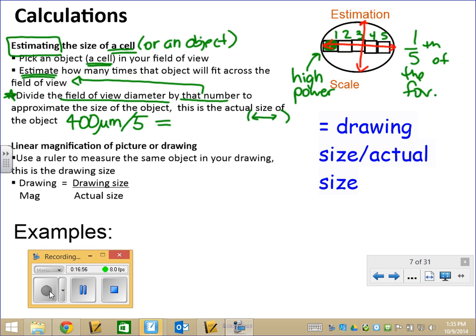So what I would be saying is each of those cells is 80 micrometers wide. So this is something that you would have to do in the lab, but also that I would ask you about in a test situation, because I could make a sketch much like the one that's up there and give you some values to calculate with.